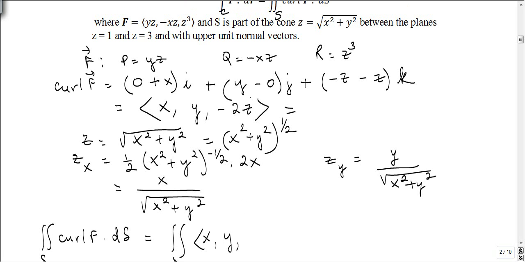There's a 2z, right? Remember what I told you about the z? We need to replace z and put it in terms of x and y. And we have it up there. So it's square root of x squared plus y squared. So put that to the side. X, y, minus 2 square root of x squared plus y squared.